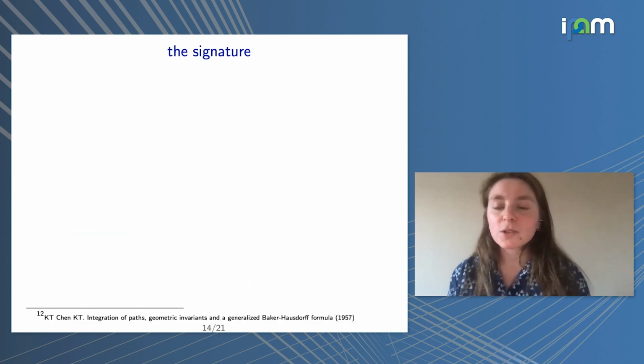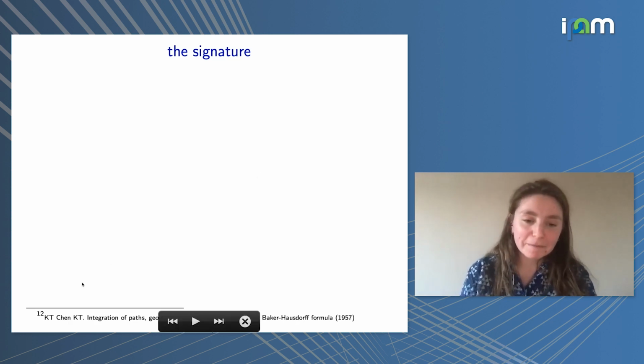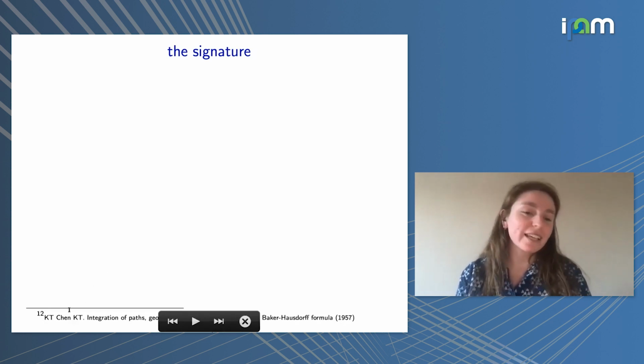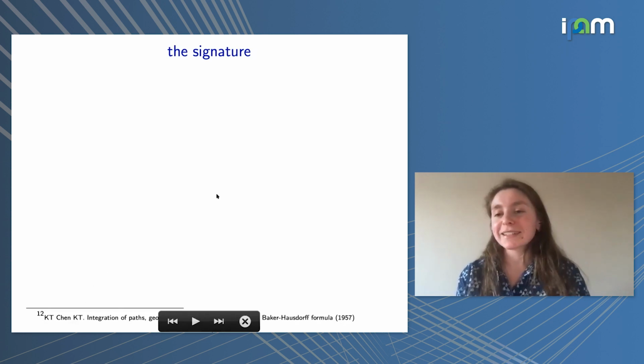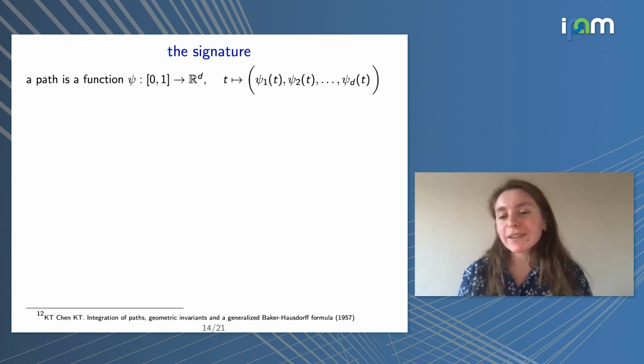All right, so I'm now going to move to talking about a different way to encode data using a sequence of tensors based on a paper of Chen, KT Chen. And it's based around paths.